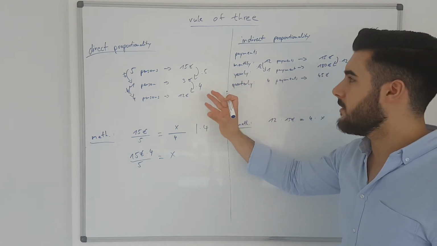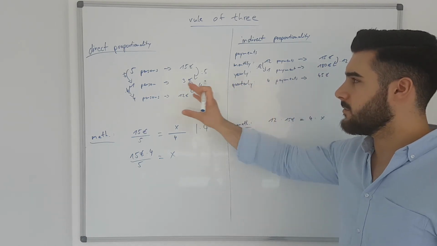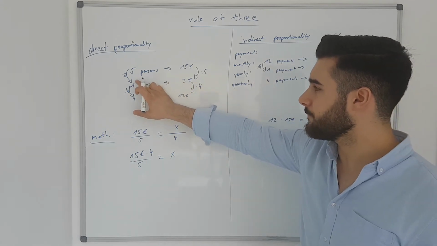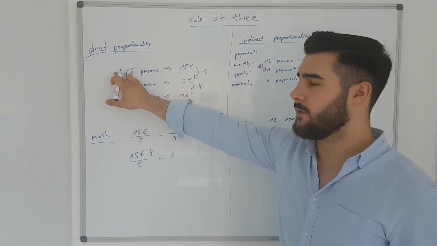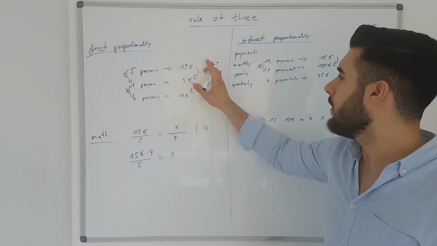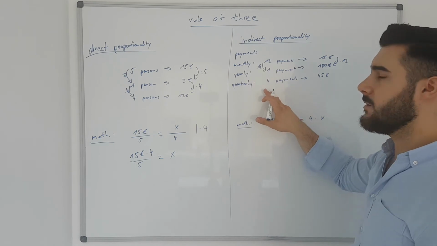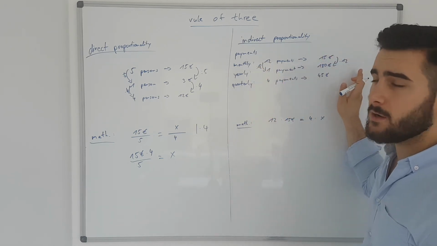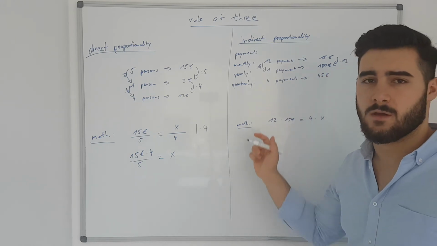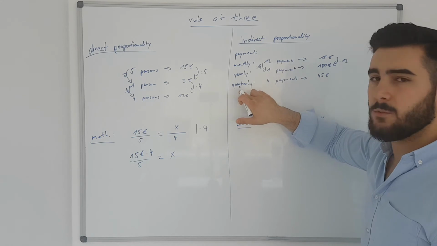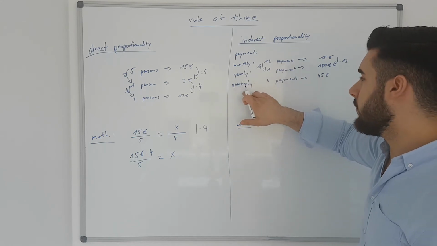And this is basically now the main difference between direct and indirect proportionality, because on this side you can see that if we divide something on the left, we have to divide on the right. But with indirect proportionality, if we divide on the left, we have to multiply on the right. And now you'll see that it is the other way around. As I said, we want to find out how much we will have to pay quarterly.